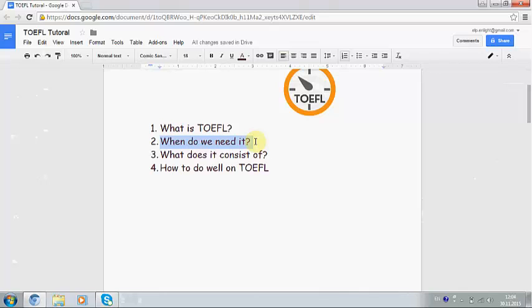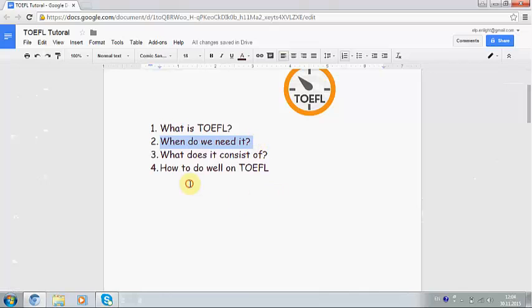But if you want to study abroad, let's say to do the bachelor degree abroad, in this case you might need a higher score, which starts from 85 up to 120, and in this case you would be a good candidate, and you would have the chance to get the scholarship, because your TOEFL score is really important.